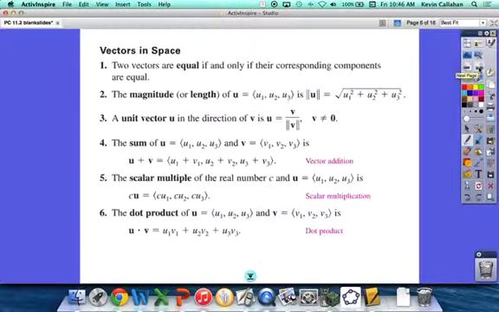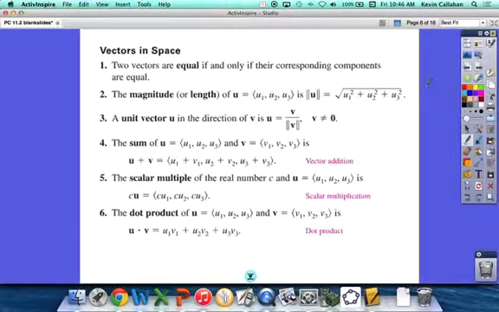The first statement, that two vectors are equal only if all their corresponding components are equal. The magnitude is calculated by, and it should look pretty similar, right? Now if you cover up the u3, that looks like our magnitude formula before. But now because we got a third component, you got to add u3 squared.